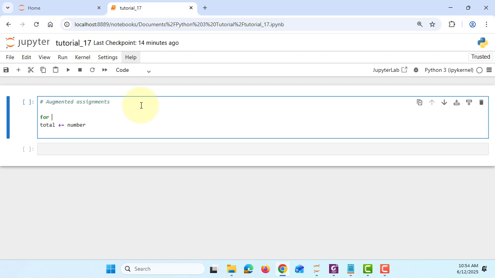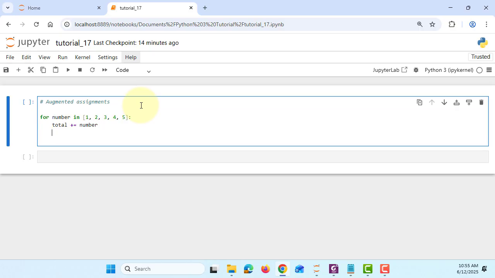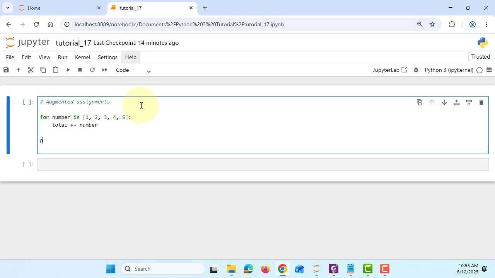So let me give you the full example: for number in 1, 2, 3, 4, and 5, colon. Okay, we need to do indentation. Then we can print.